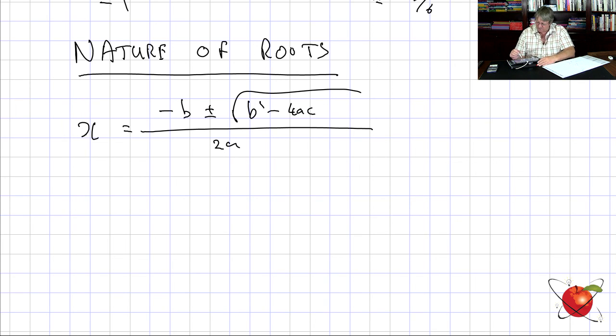Now, there's a very, very interesting and a very useful piece, which is that guy. Because without going through all of the motions here, there's a lot of work that we can do just using this b squared minus 4ac. It's so important that it's got its own name.